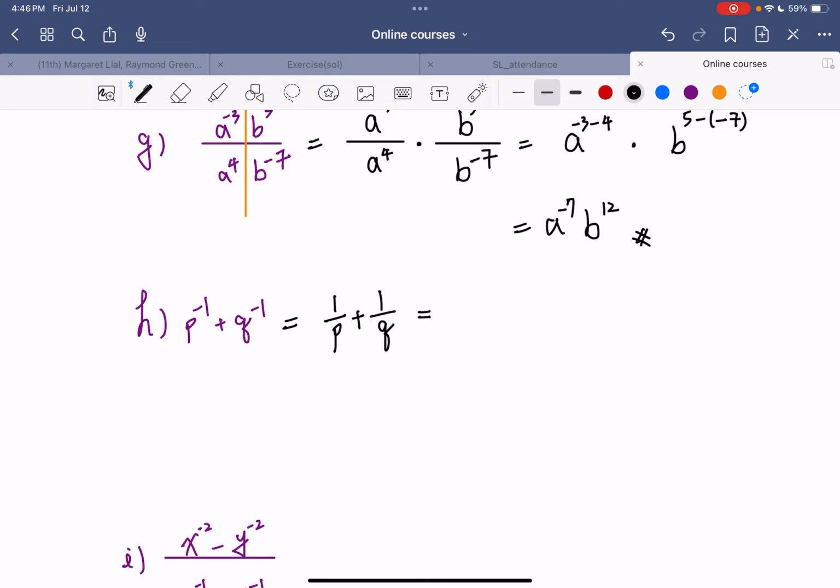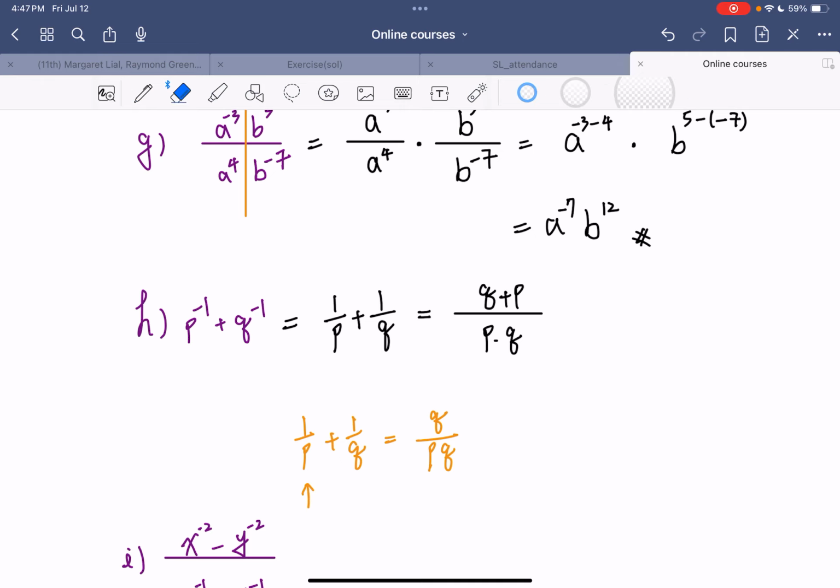We times q to the first term, and we times p to the second term. And we know that rational numbers can only be added or subtracted when they have the same denominator. So they have the same denominator, now we add them together, so we got this term. From here to here.